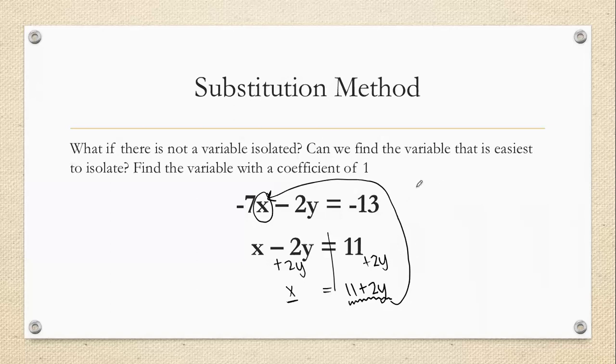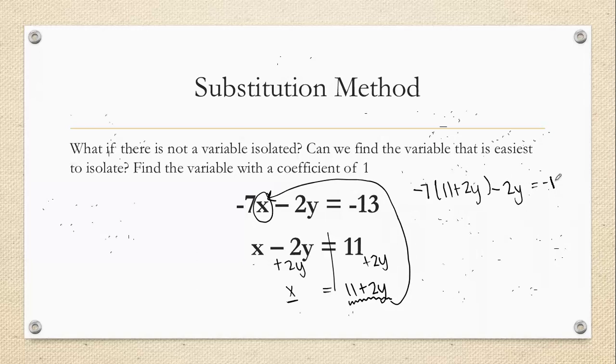So negative 7 times 11 plus 2y minus 2y equals negative 13. Jada Taylor, hang up on me.